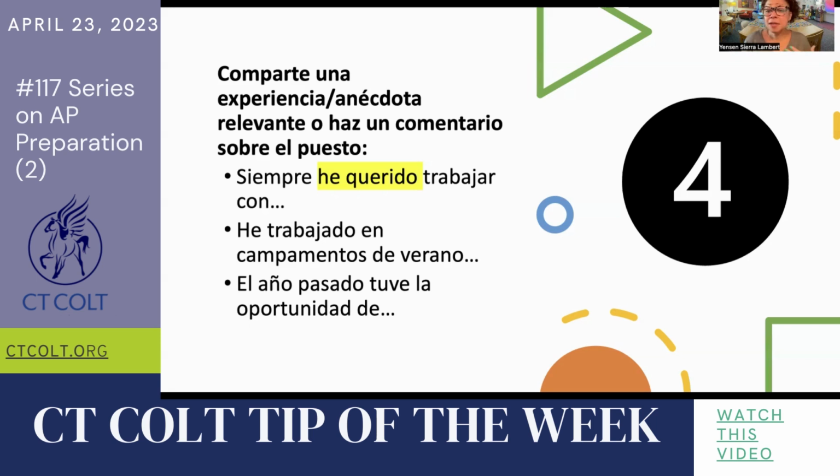So to me, that seems like a good opportunity to mention experiences I have had that are related to this particular position or internship, experiences that make me the right candidate for this internship. So why not use the present perfect and show off your skills in advanced structures in Spanish? So that's something you can do.